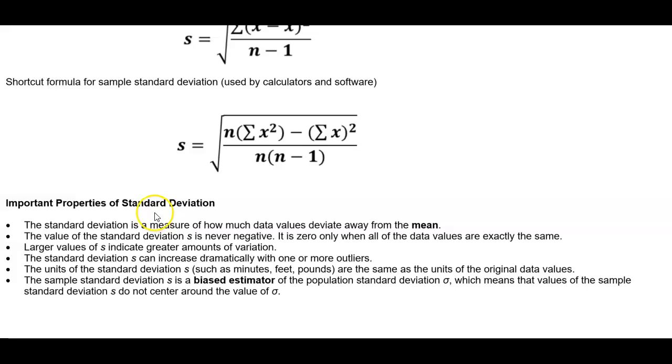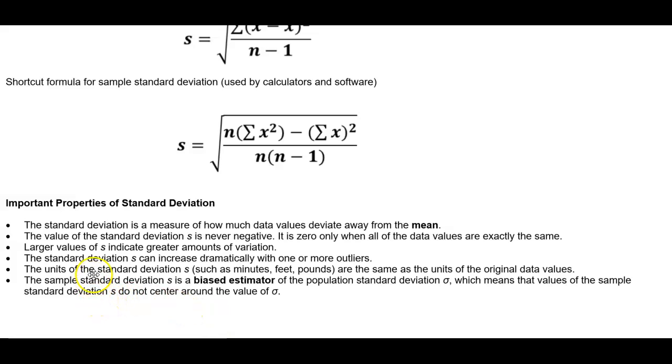Now the important properties of standard deviation. The standard deviation is a measure of how much data values deviate away from the mean. The value of the standard deviation lowercase s is never negative. It is 0 only when all of the data values are exactly the same.